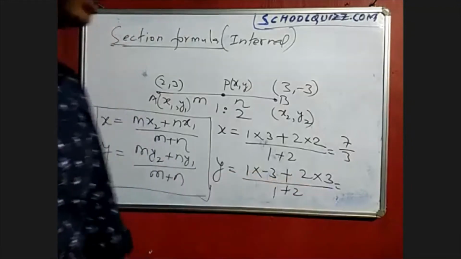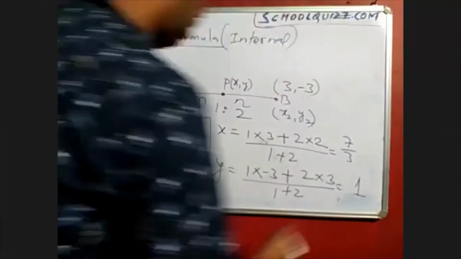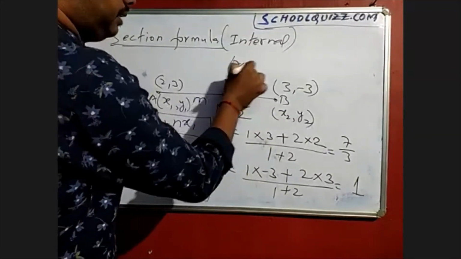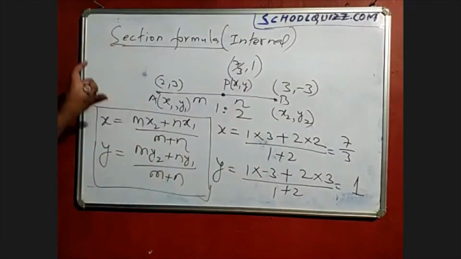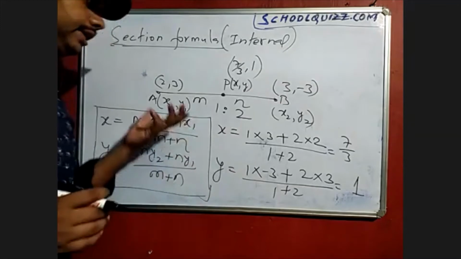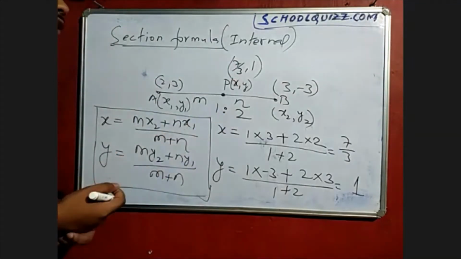Minus 3 plus 6 is 3, and 3 by 3 is 1. So the coordinates of P we got are 7 by 3, 1. First, this type of question they will give you: how to find the coordinate P which divides the line AB in the ratio 1:2.